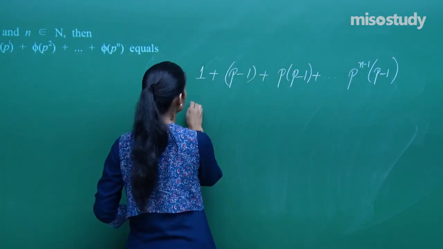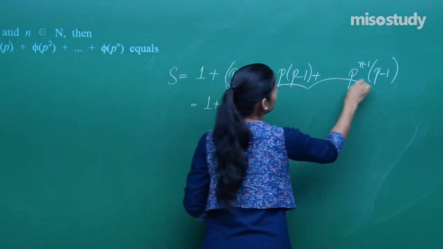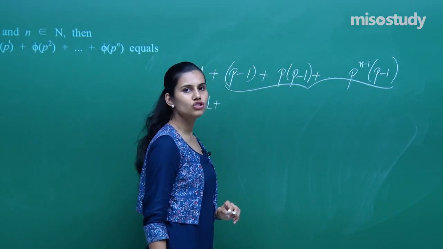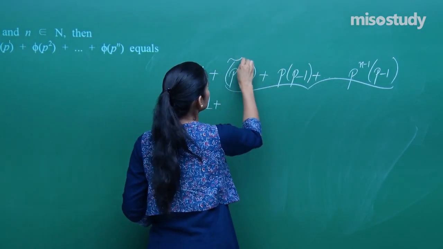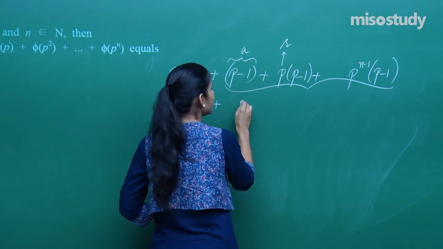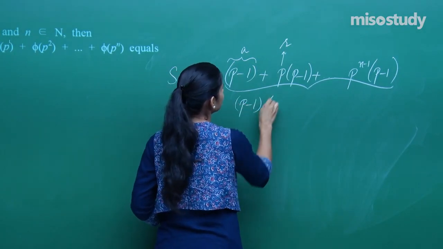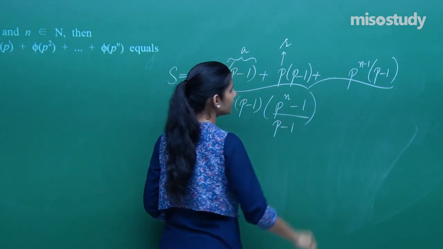I've just used the definition which is given in the question. Let 1 be as it is. Here if you see, this is nothing but a GP with first term p minus 1 and common ratio p. This is your first term and this is your common ratio. So your sum becomes a into r to the power n minus 1 upon r minus 1.